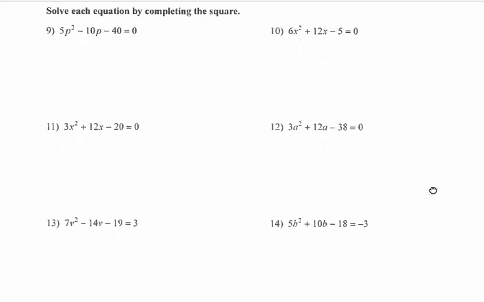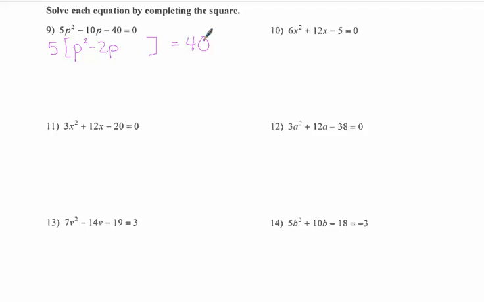Okay, so let's solve some of these. So when I solve this, I'm going to say 5 p squared minus 2p, leave a space, equals 40. I am never going to move that 40 back over. Ever. I don't have to move that 40 back over because I'm solving.